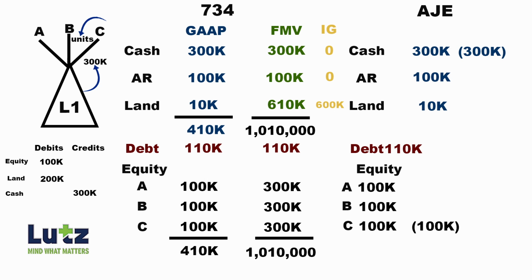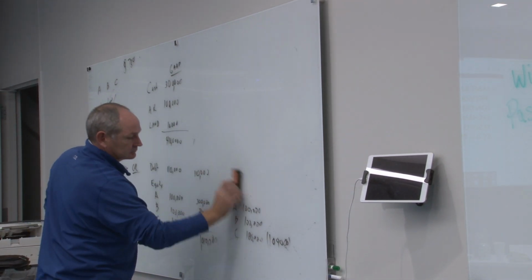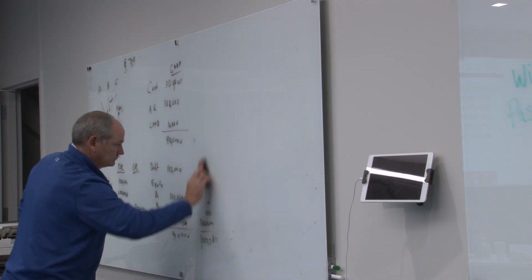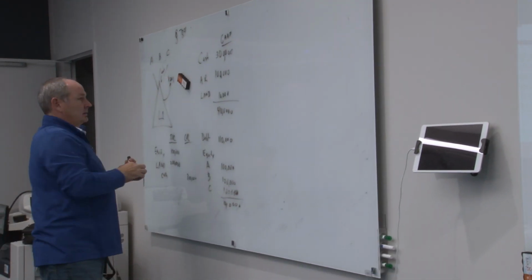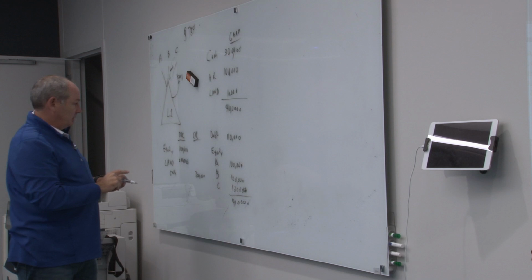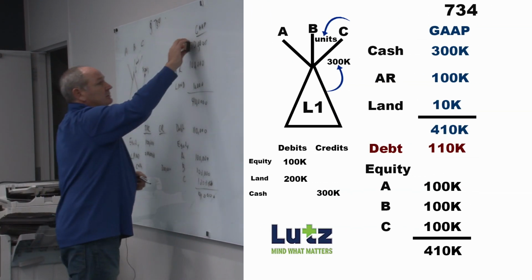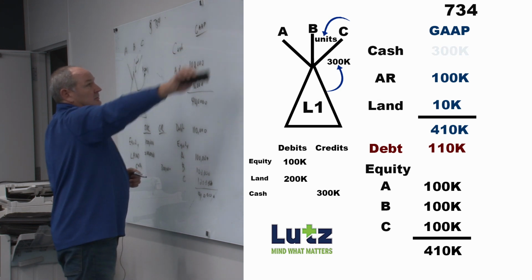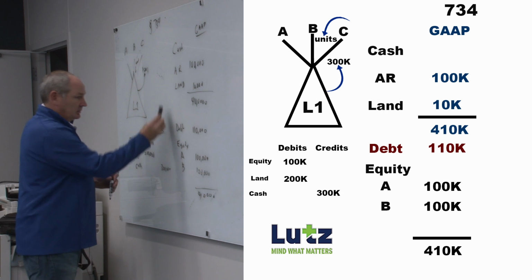Okay, so at this point, if you do your debits and credits, your cash is gone, correct? Your C equity is gone.